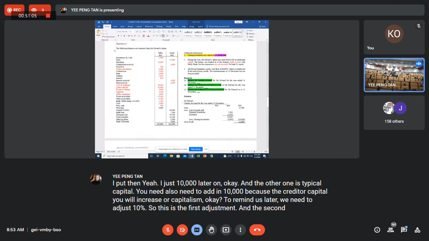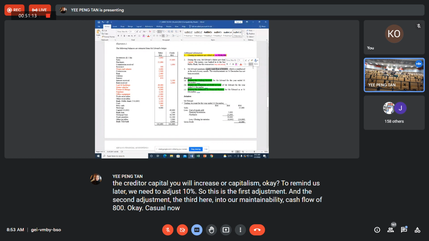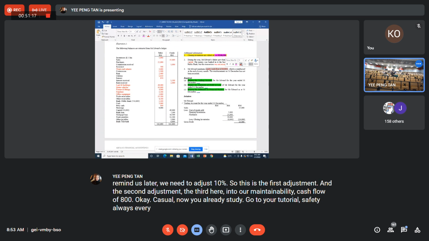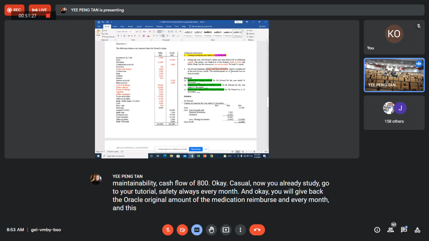And the second adjustment, the third here: Edward maintains a petty cash float of 800. Now you already studied, went through your tutorial 6, you know what a petty cash float is. Every month you top up the original amount of the petty cash float, which is reimbursed every month, and this reimbursement on 31st December has not been recorded yet.